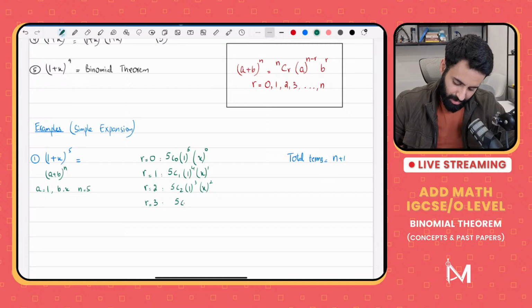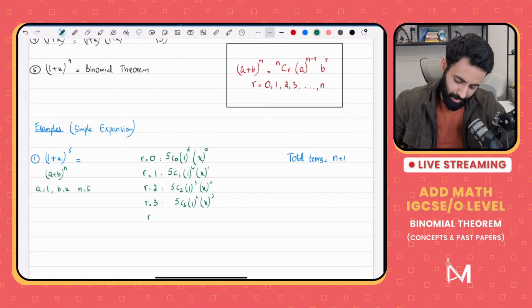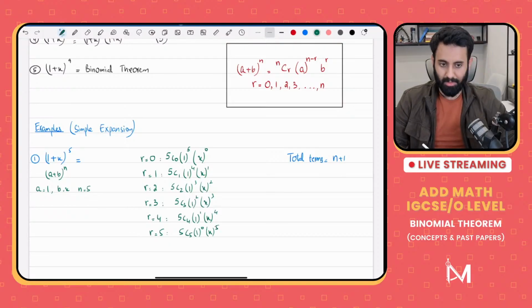That's going to be 5C3, 1 raised to the power of 5 minus 3, which is 2, x raised to the power of 3. You can pick up a pattern: the power on 1 is gradually decreasing, the power on x, the second term, is gradually increasing. Then when r is equal to 5, finally we have 5C5, 1 raised to the power of 5 minus 5, which is 0, x raised to the power of 5.